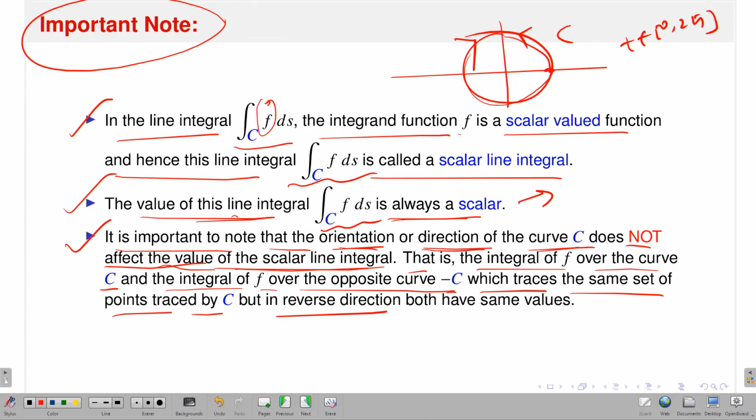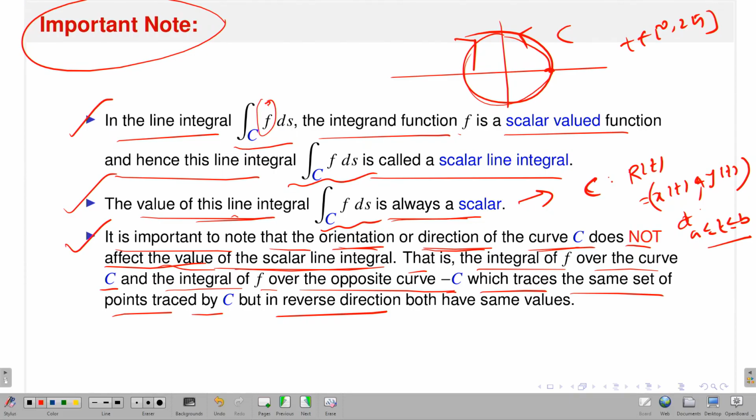In fact, let me write it clearly in two dimensions. Suppose I have a curve C with parameterization r(t) equal to x(t), y(t), with t running from a less than or equal to t less than or equal to b. Suppose this is my parameterization of the curve C in R2.